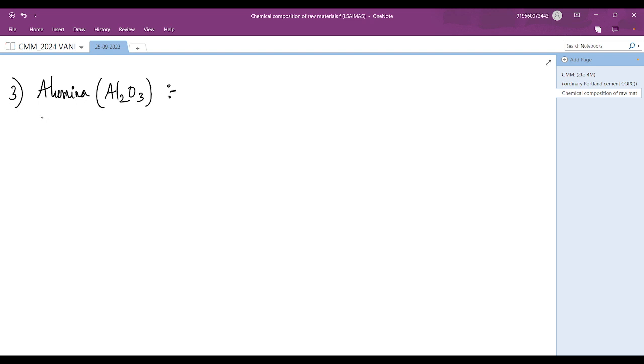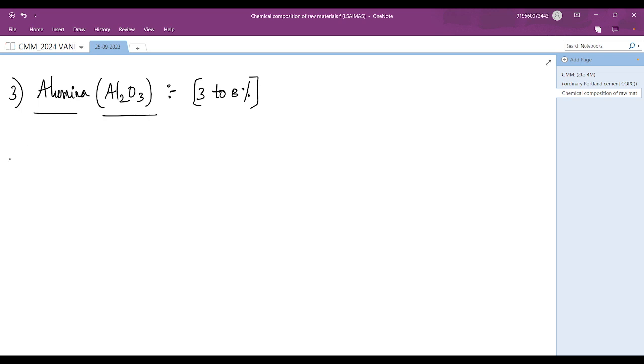The percentage of this alumina is around 3 to 8. Now the function is to cause quick setting.